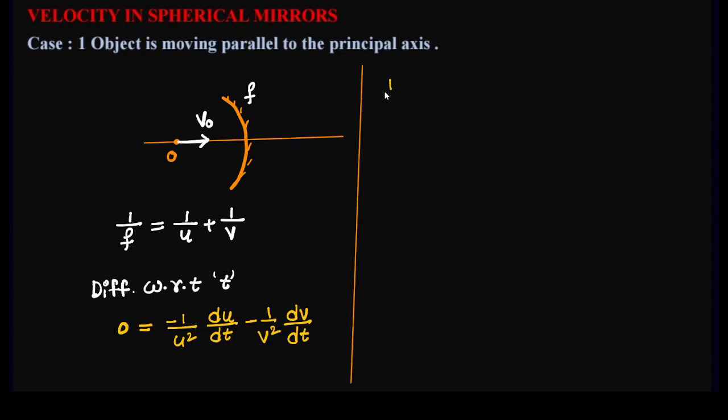So from this we can write 1 by v square into dv by dt is equal to minus of 1 by u square into du by dt.